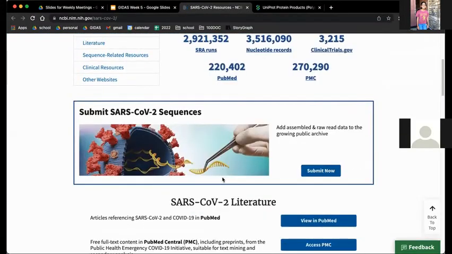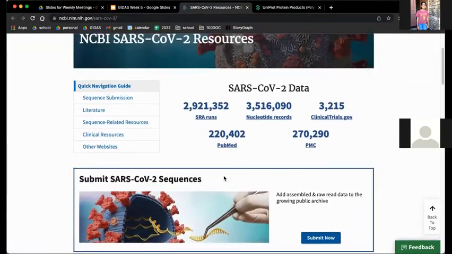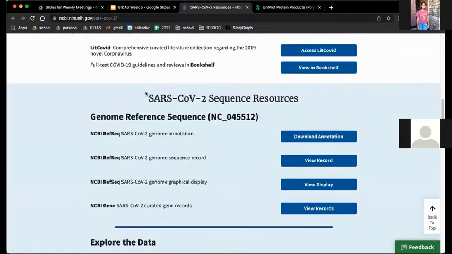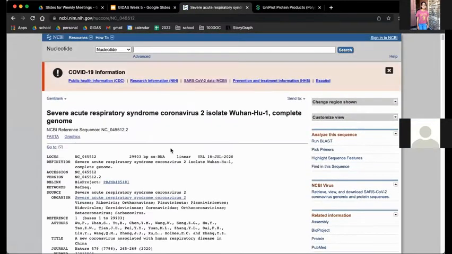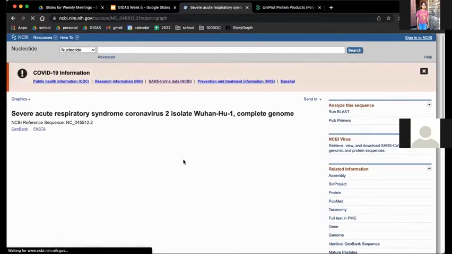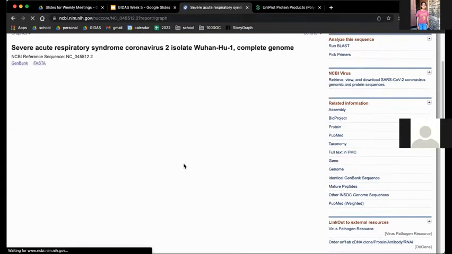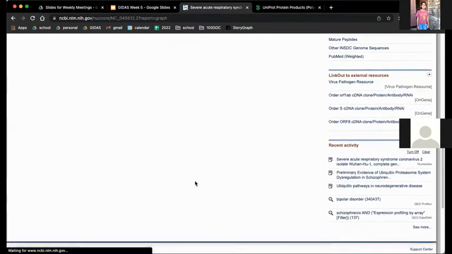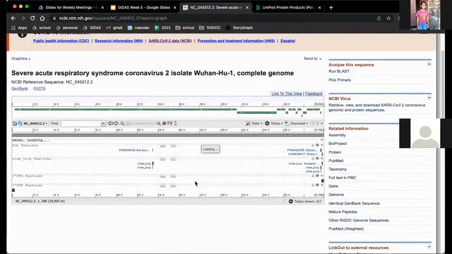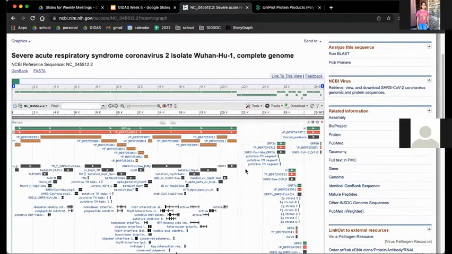So with COVID as an example, you can go to the sequence resources and then you can see view record. And this will basically give you a similar graphic, but in this one you can also see the specific nucleotides and, why is it not loading? Okay, and these proteins with it.